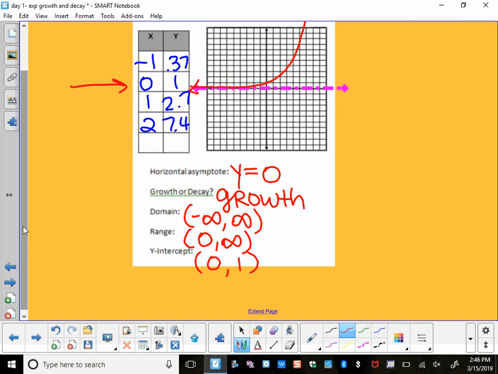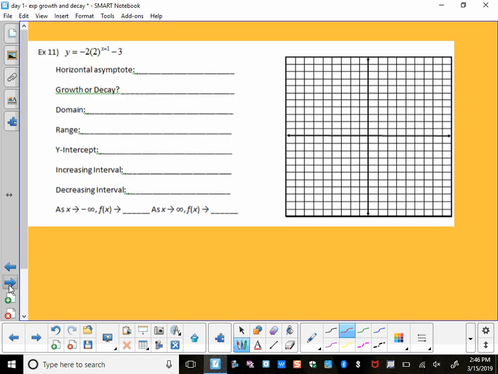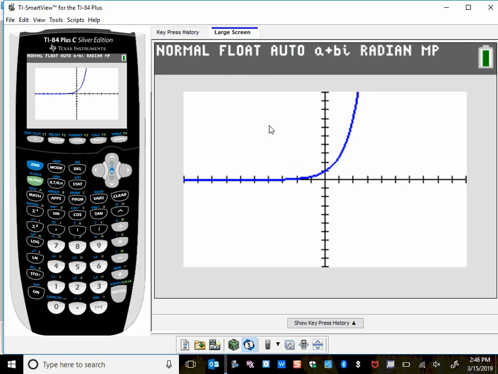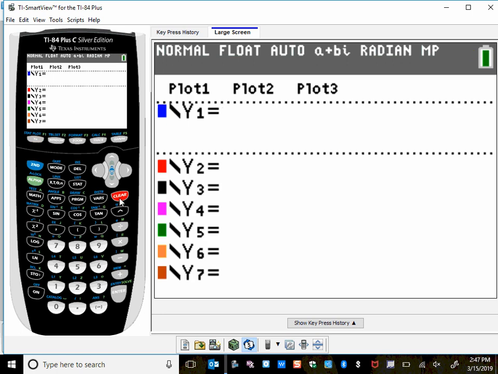I have 4 minutes to show you the last one. We're going to skip number 10. Turn the page, number 11. This is more so what your homework will look like. Grab your calculators. In your calculator, you have -2, parentheses 2, to the power, in parentheses, x plus 1, scroll over, -3.